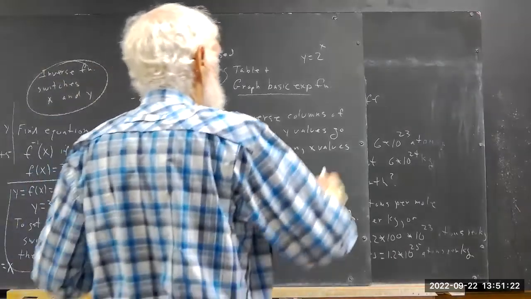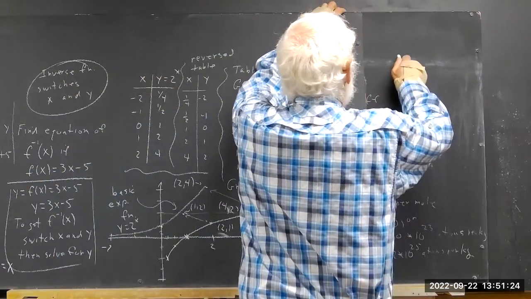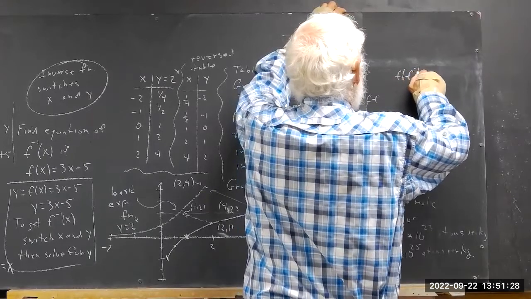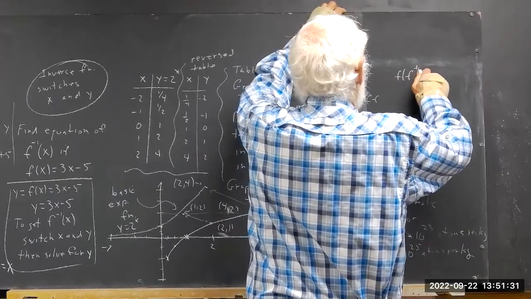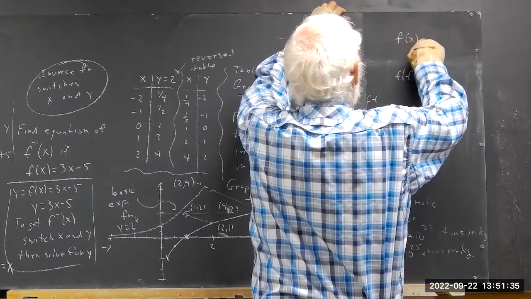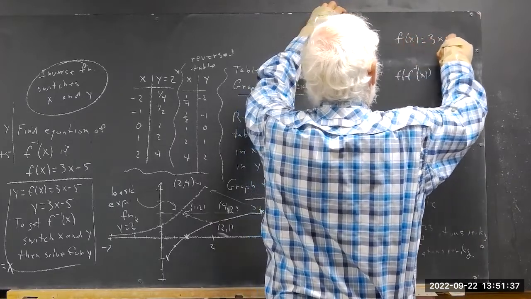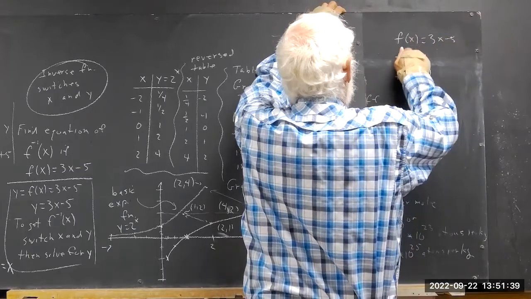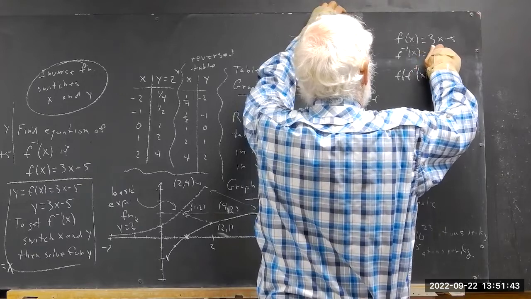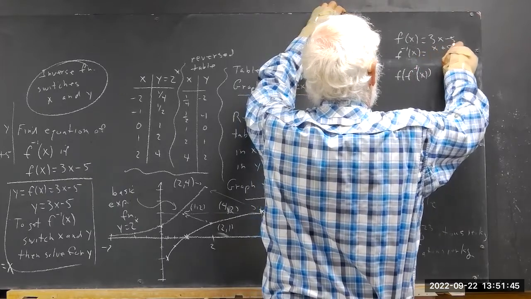So I'll have to write it here. I'm going to write out f of x equals 3x minus 5, f inverse of x equals x plus 5 over 3.